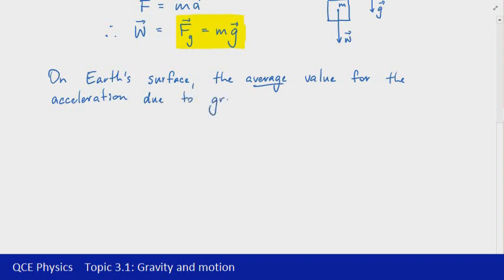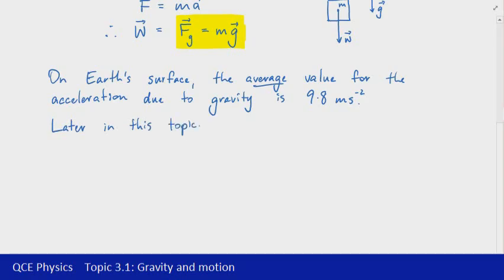That's also a quantity stated in the data booklet. So 9.8 meters per second squared is the value for the acceleration due to gravity. However, later in this topic, we'll see that that value is not necessarily going to stay the same.